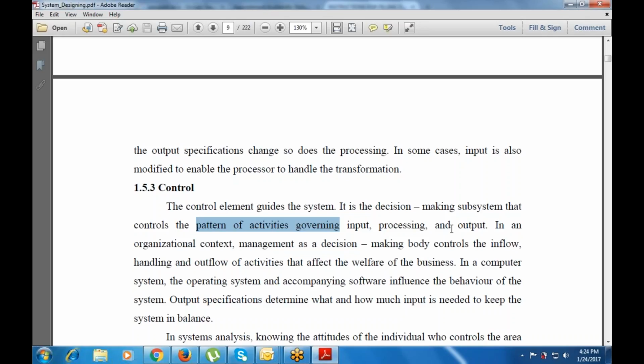And the output specification determines what and how much input is needed. What is the operating system, what is the combination that is required for this business?